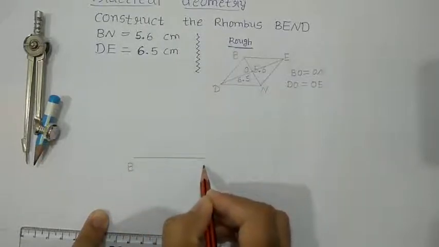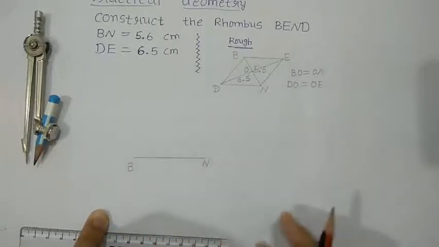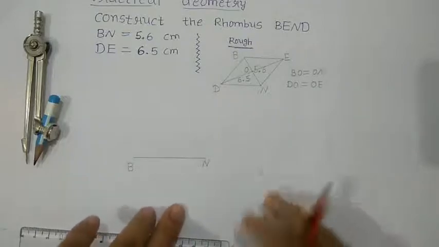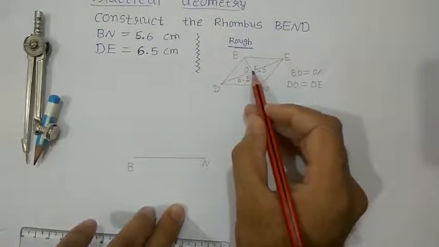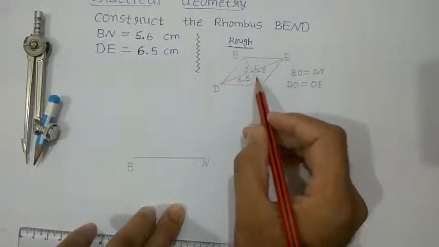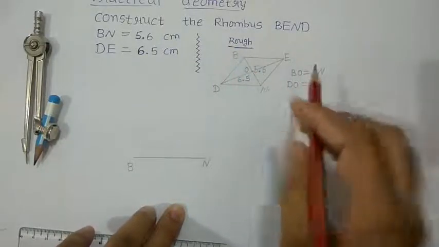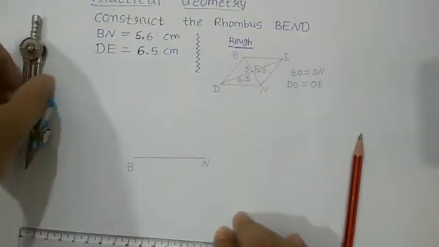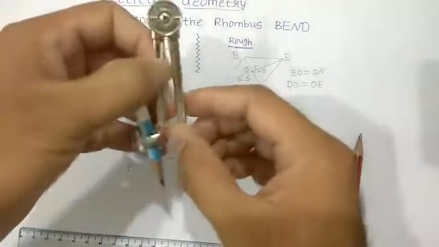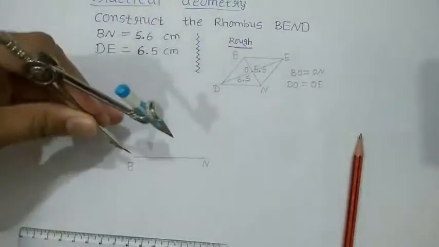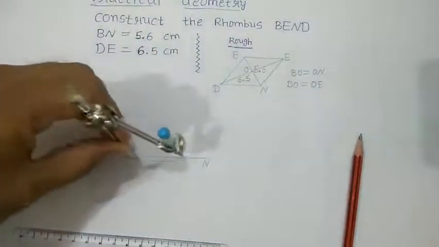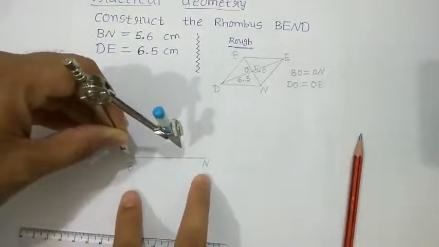BN, right? Now what we have to do is find its midpoint, because O is the midpoint of this BN. So to get the midpoint, what can we do? We have to use the compass. We have to take a distance that is half of BN.